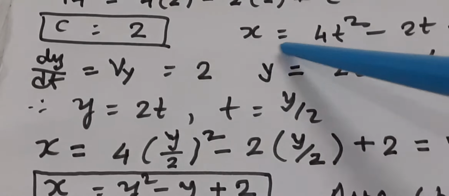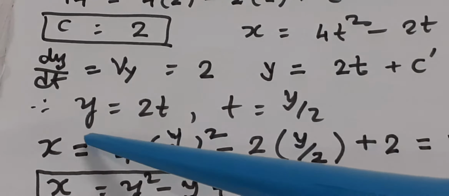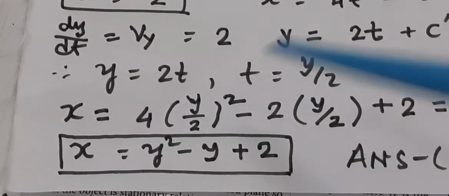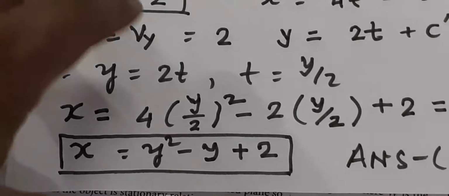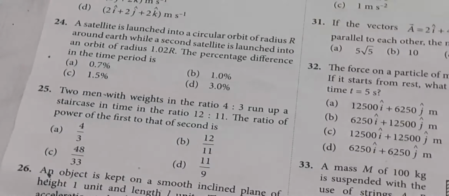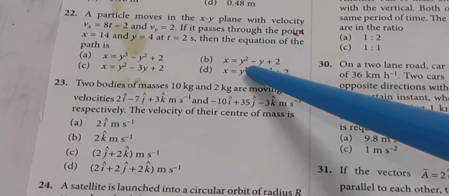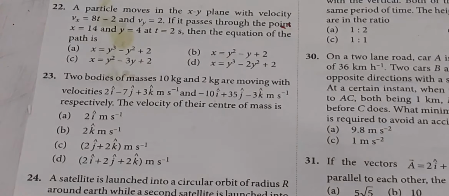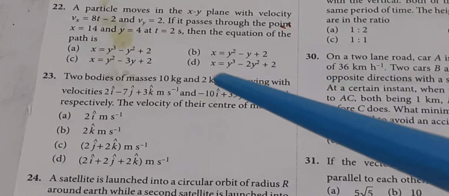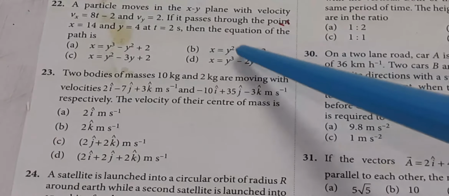Substitute this here, and it will give this type of equation, x equal to y square minus y plus 2, and the answer will be B. x equal to y square minus y plus 2. This will be the answer.